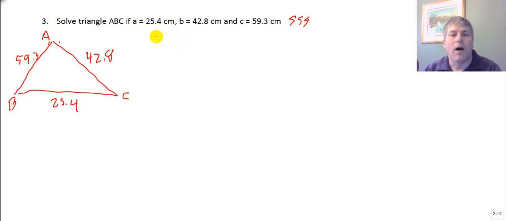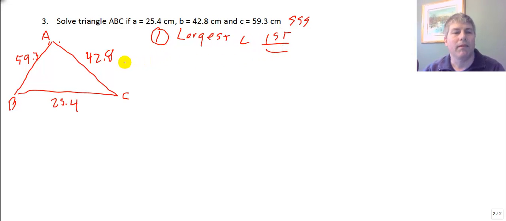So our process here, if we have all three sides, originally we solved for a particular side, but now we want to solve for the largest angle. So solve for the largest angle first. Okay, so the largest angle in this case is going to be angle C.